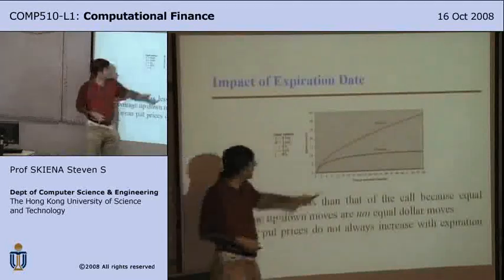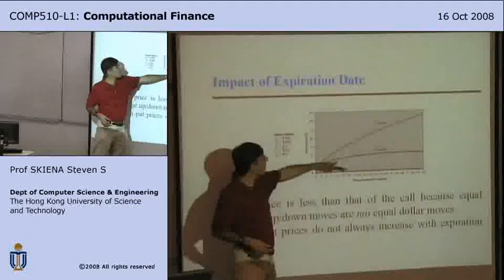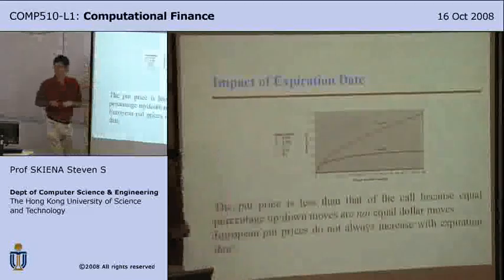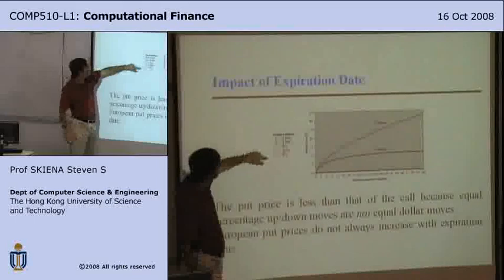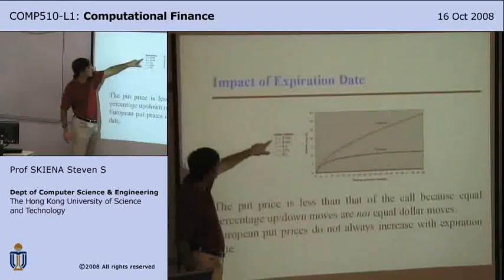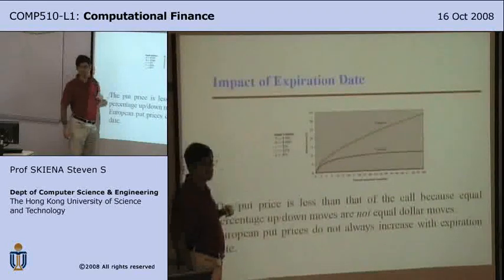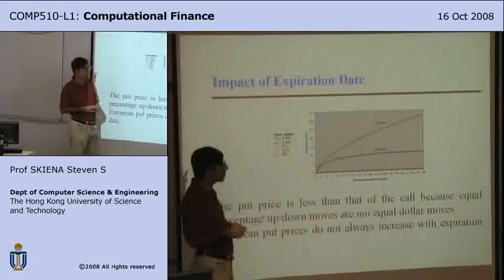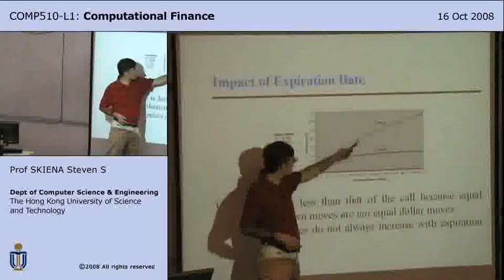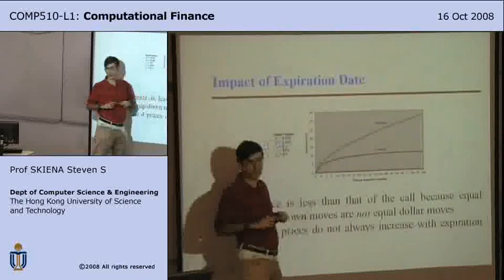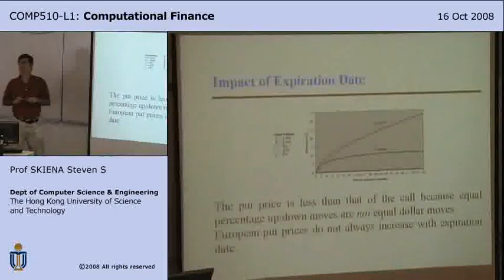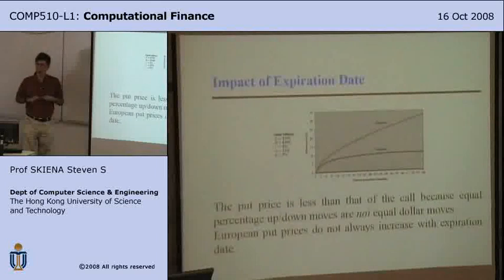But why is a call worth more than a put? This is actually interesting to think about. If you have an identical set of parameters, including the time till expiration, why is it that a call option is worth more than a put?